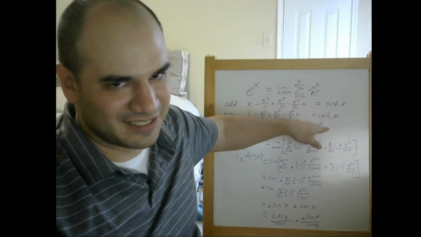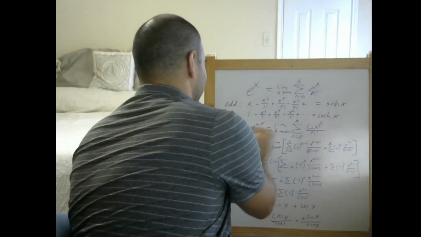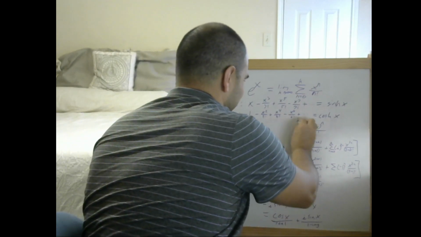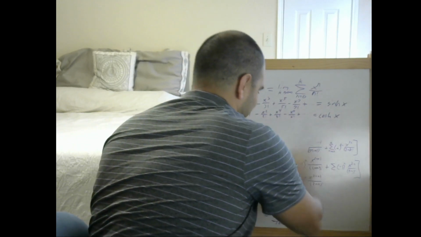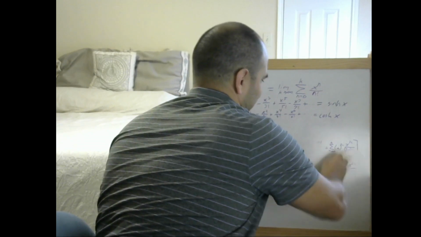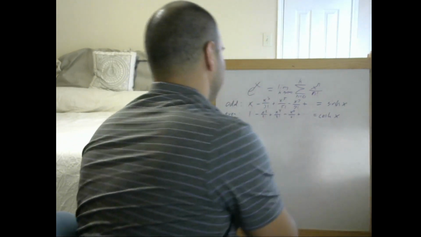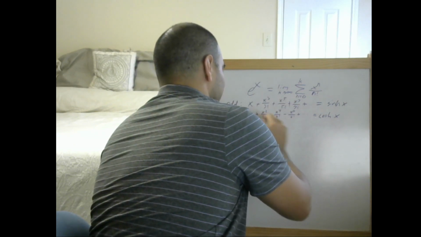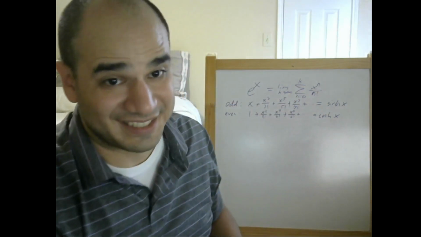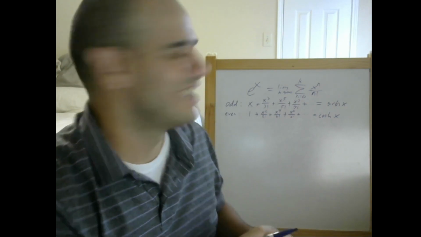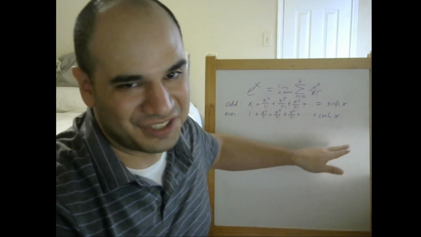Sinh of x and cosh of x are the same terms in the same order, except that you're no longer alternating sign.